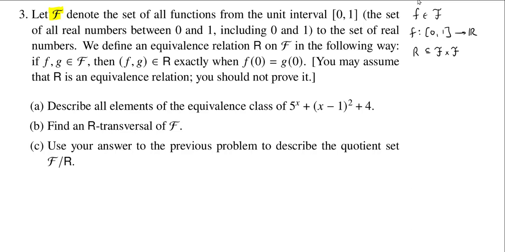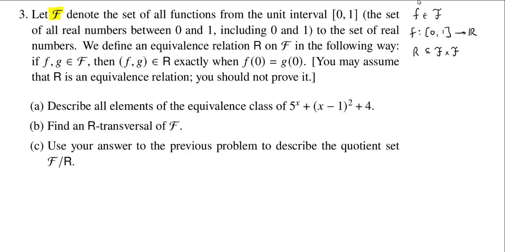It says we want to describe all elements of the equivalence class of 5 to the x plus (x minus 1) squared plus 4. Now it is very important to recognize the definition of an equivalence class.